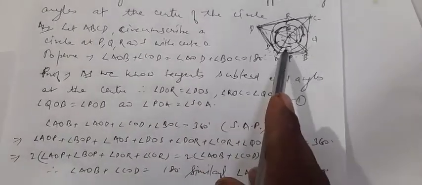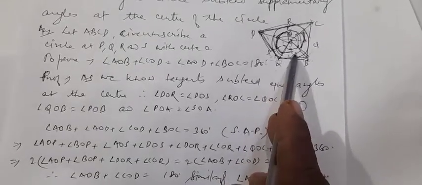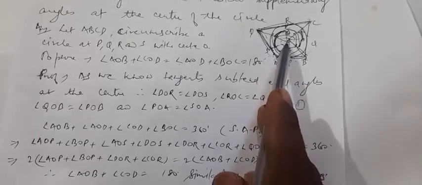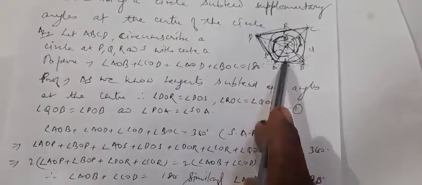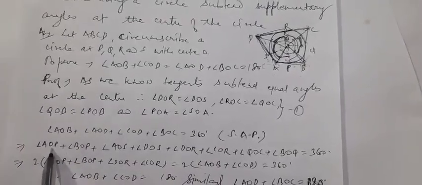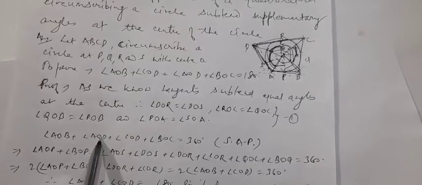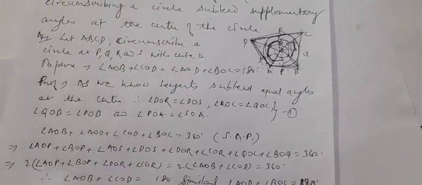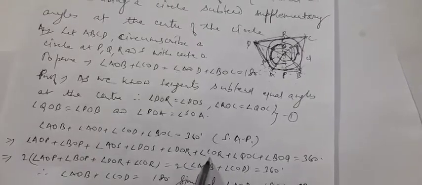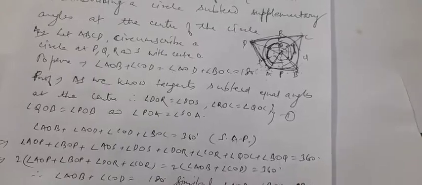Angle AOB can be expressed as the sum of angle AOP and angle BOP. Similarly, angle AOD can be written as angle AOS plus angle DOS. Angle COD can be written as angle DOR plus angle COR. And angle BOC can be written as angle QOC plus angle BOQ.